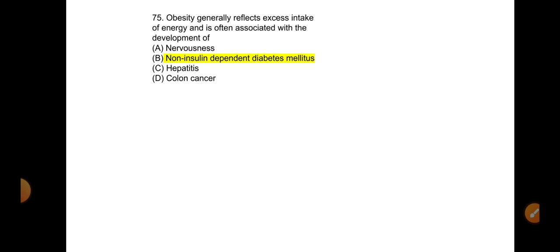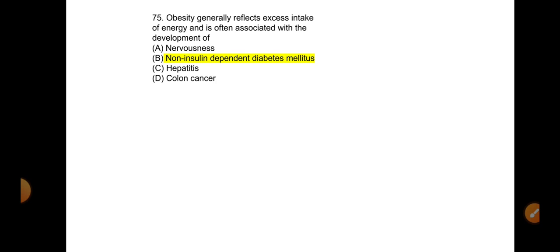So see, type 1 is congenital. It is by birth, where your beta islet cells get disrupted. And in case of type 2 diabetes, it is because of lifestyle or weight gain.